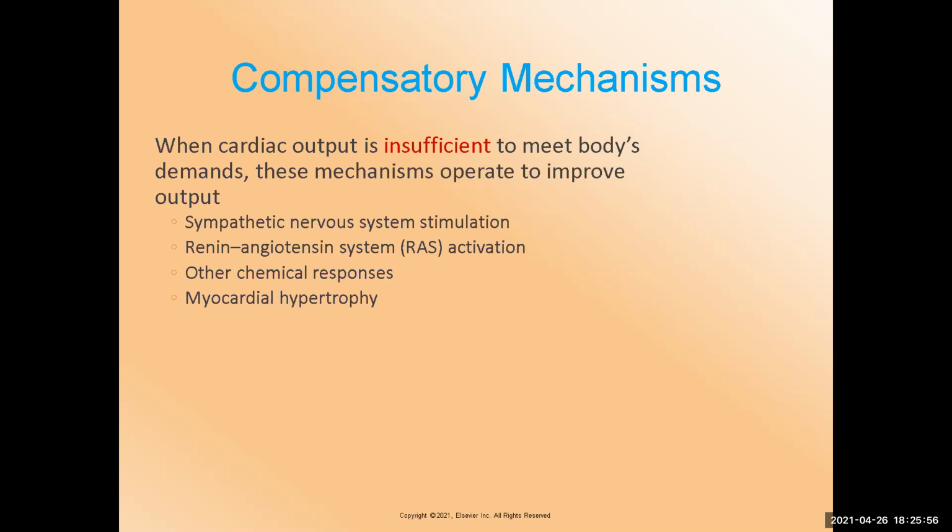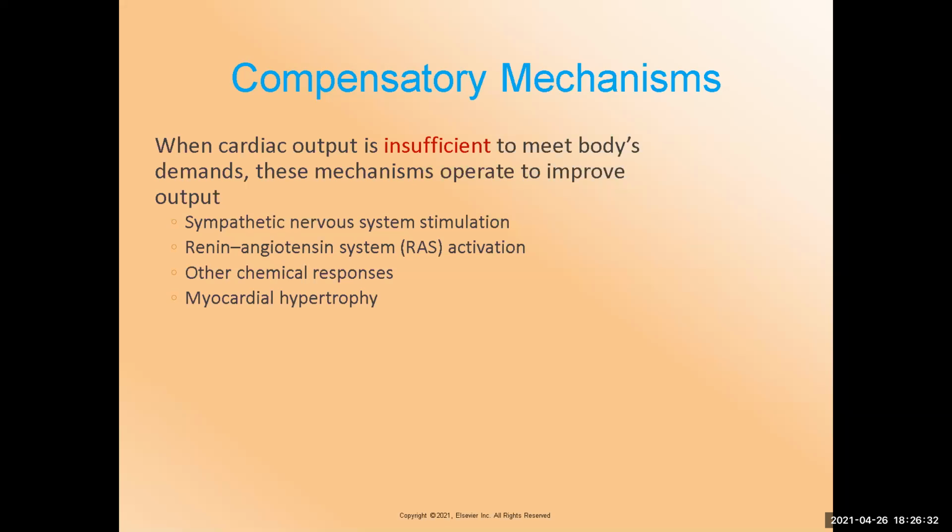So the major compensatory mechanisms are the SNS, sympathetic nervous system stimulation, and the RAAS, the renin-angiotensin system, which is activated. In heart failure, stimulation of the sympathetic nervous system as a result of tissue hypoxia represents the most immediate compensatory mechanism.